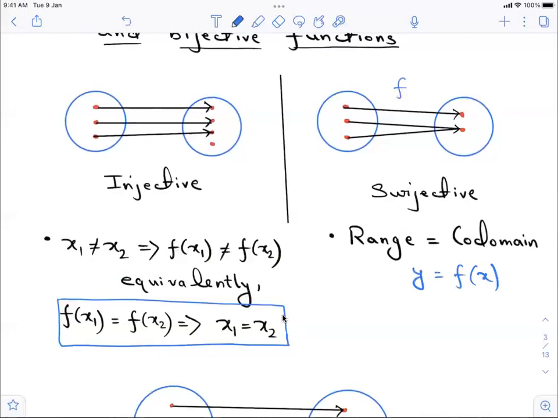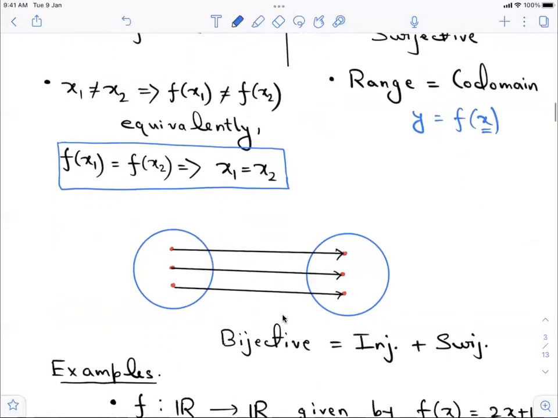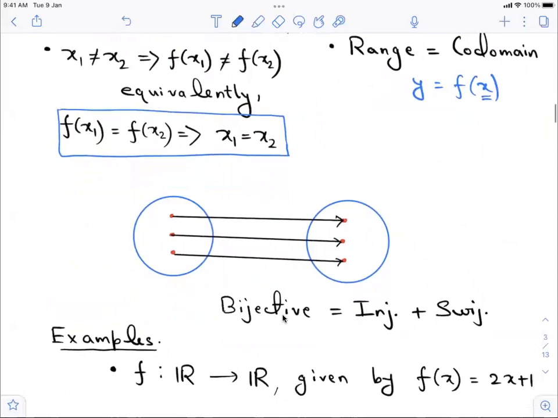That means I have to check that for a random y in the codomain, whether I can find an x, or solve for an x, for which f(x) is equal to y. We'll look at some examples in a second.